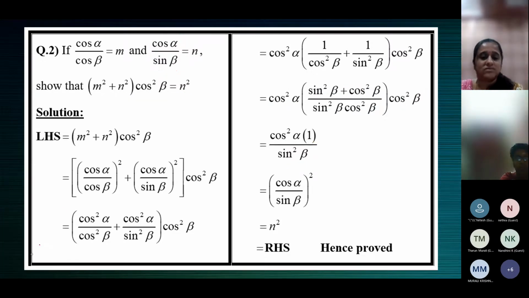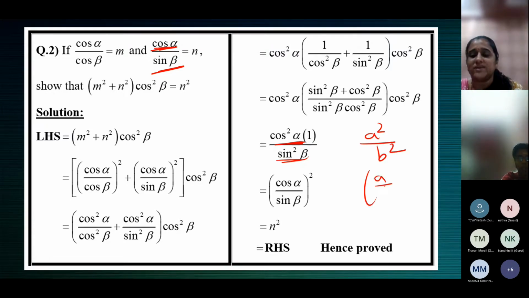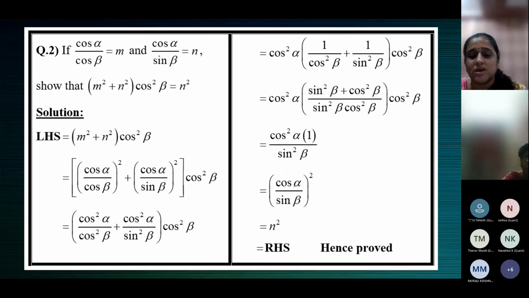So we are close. See, we got cos square alpha, sin square beta. So it's like we have a square by b square. Next step, we write it as a by b the whole square: cos alpha by sin beta the whole square.